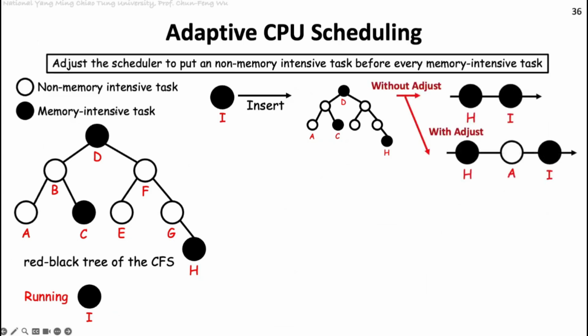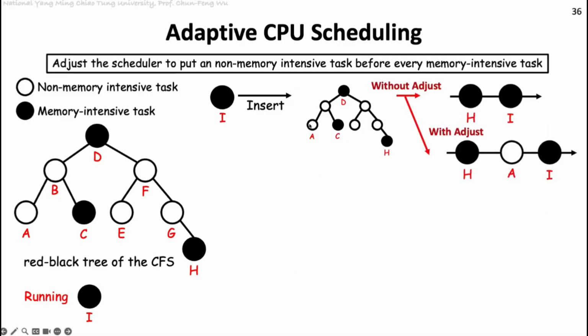So the thing is like this. If now we are going to insert a memory intensive task into our CFS tree, because you already know CFS, let me just skip the introduction on CFS. Without adjustment, the new memory intensive task will be inserted at the tail, here, H, right?